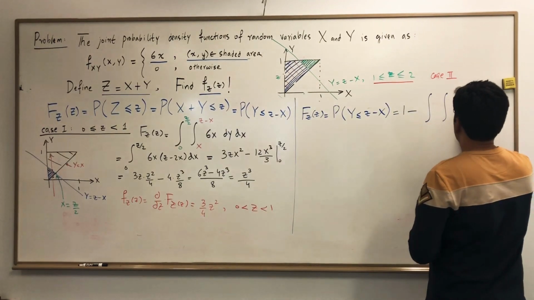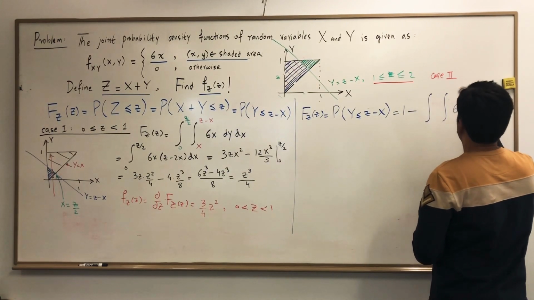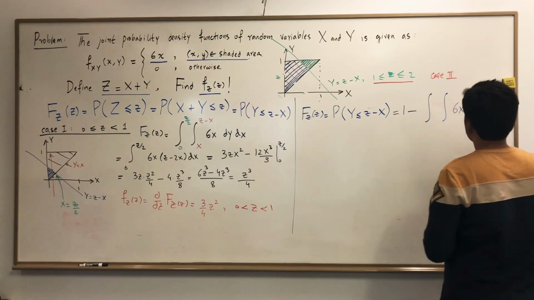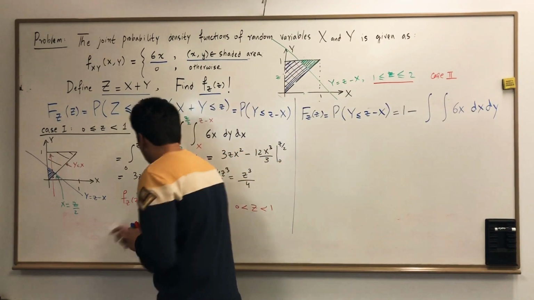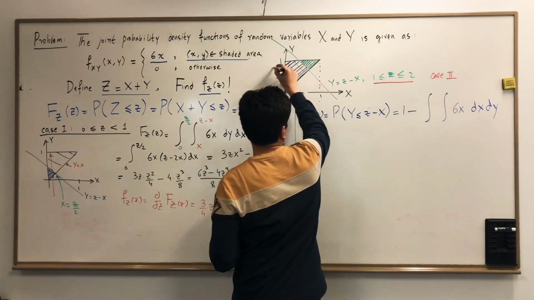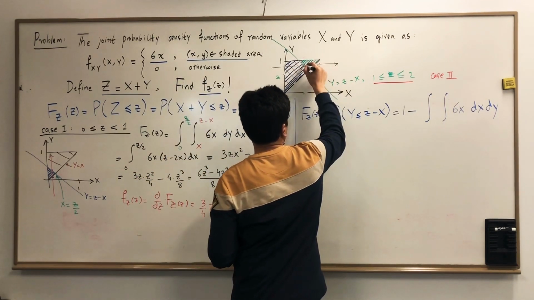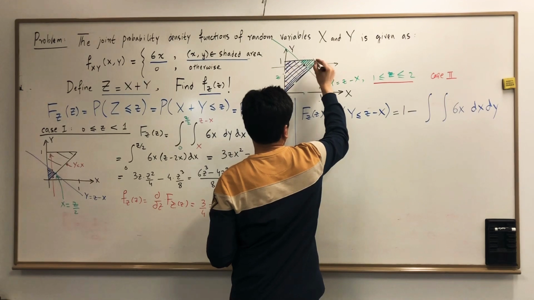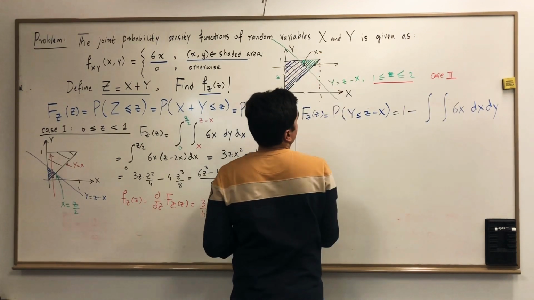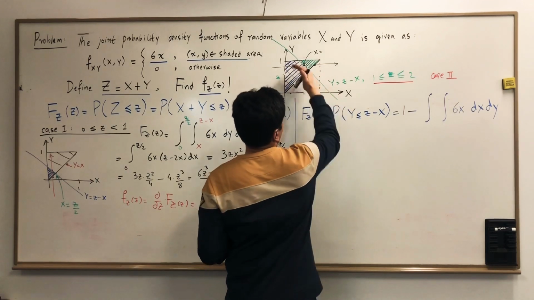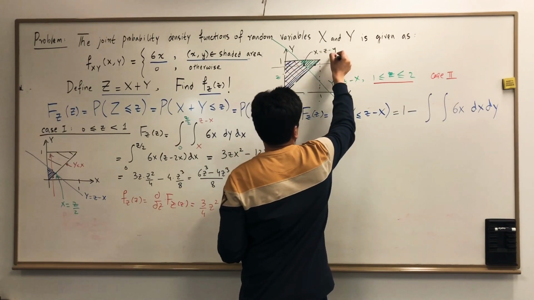So again, it will be 6x. This time we will do dx dy, and the limits, because we are doing dx, we need to figure out what x here is and what x here is. X here is defined by this line, so it will be z minus y.